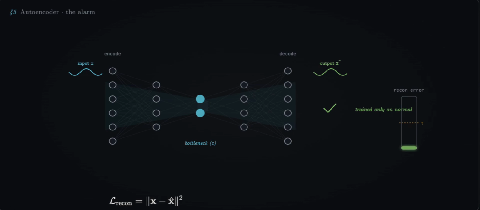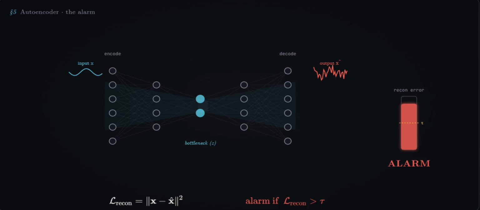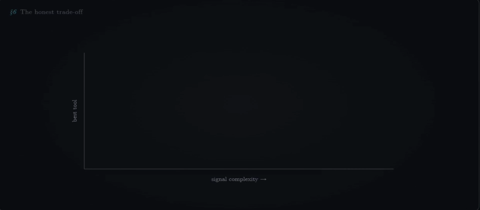So build a network shaped like an hourglass, squeeze the input through a narrow middle, and force it to rebuild the original from that tiny summary alone. Trained only on normal operation, it becomes an expert at reconstructing normal and hopeless at anything strange. So when reconstruction goes badly wrong, that spike in error is your alarm.